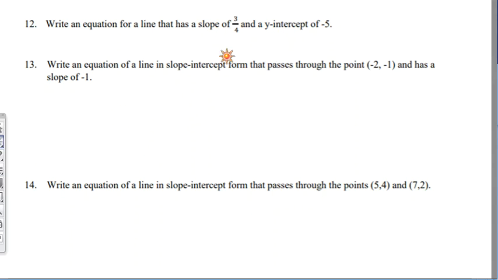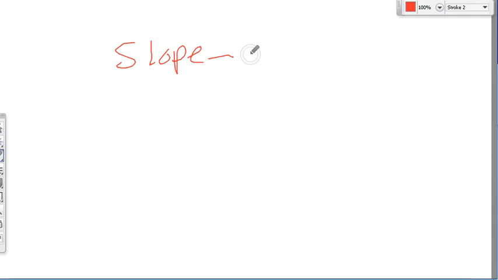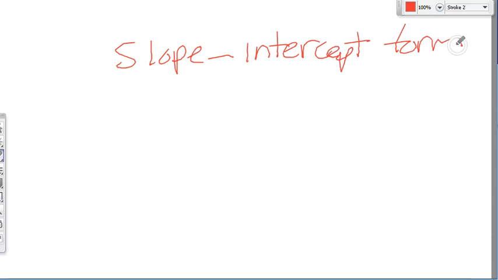Write an equation for a line that has a slope of 3/4 and a y-intercept of -5. Remember, the way that you know which writing equation form you're going to use is the name of the form tells you what you need.